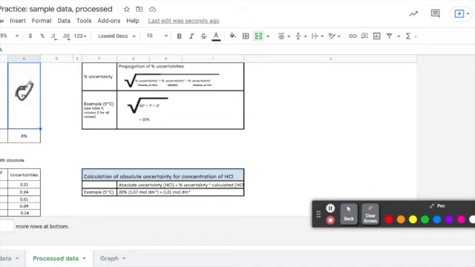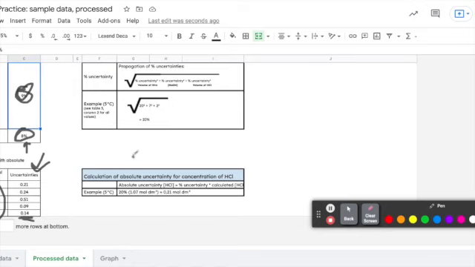You would then use these percentages, go back to your calculations, and find an uncertainty of your calculated HCl. So, for example, my 25 degrees Celsius, if I know the uncertainty is 8%, I just take 8% of what I calculated and I get an absolute uncertainty.